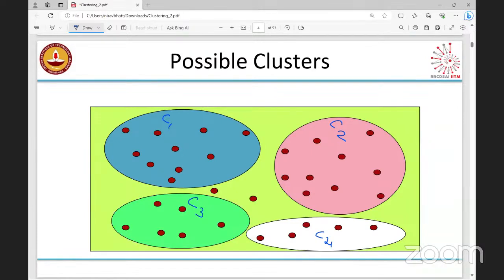Now, whether these clusters are good, bad, or informative, I don't know. Why 4? I could do 3, 1, 2, or maybe 5, 6. So first of all, I don't know how many clusters there are in the data, and even if I can find the clusters, I do not know what the common characteristic between them is.